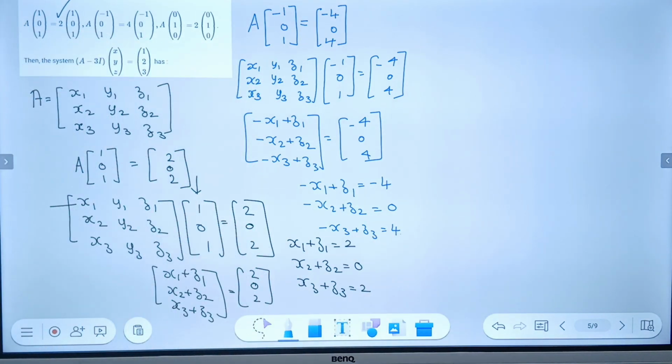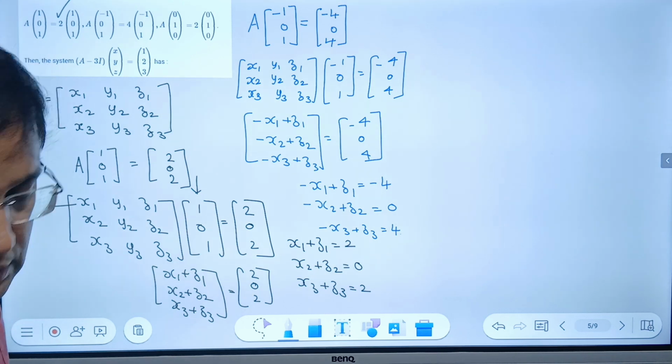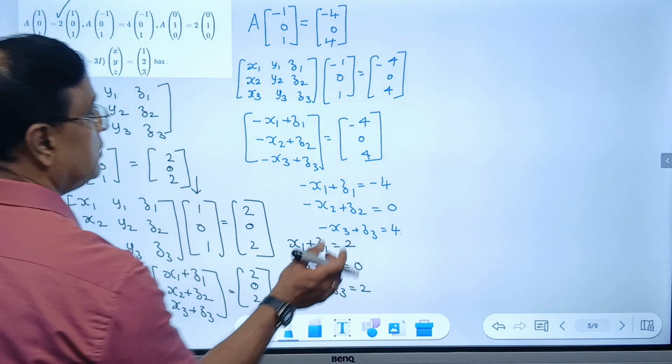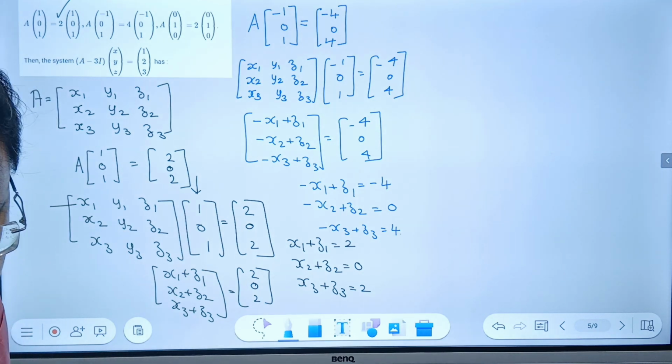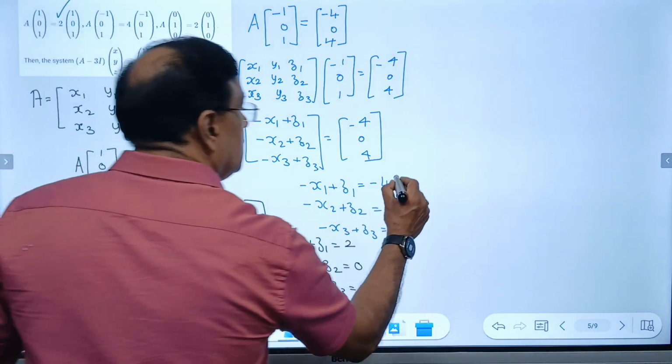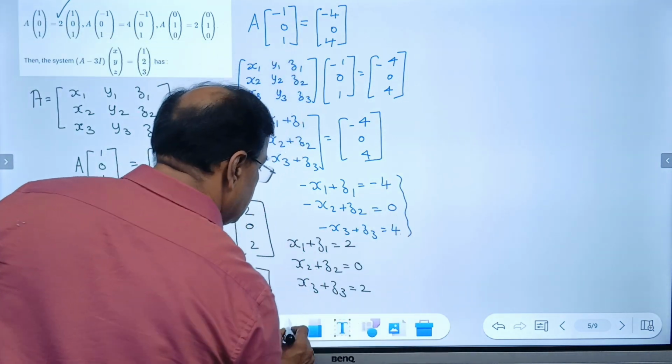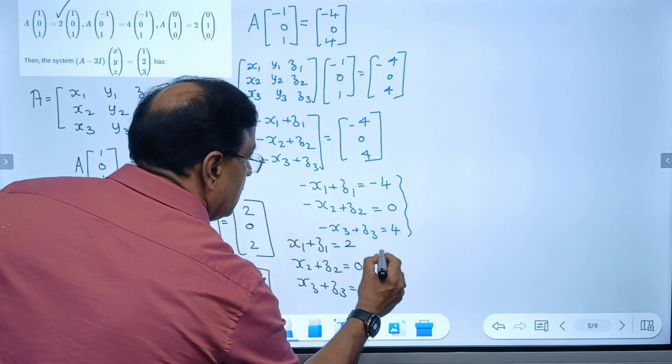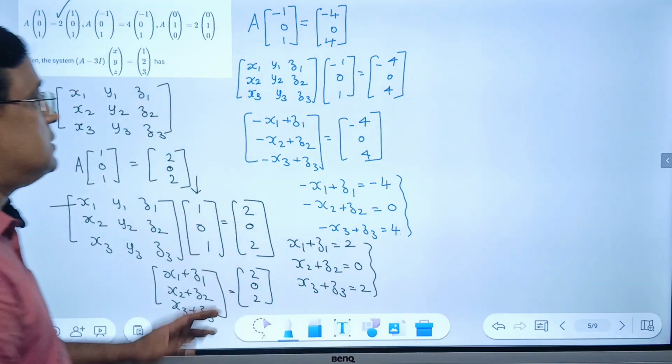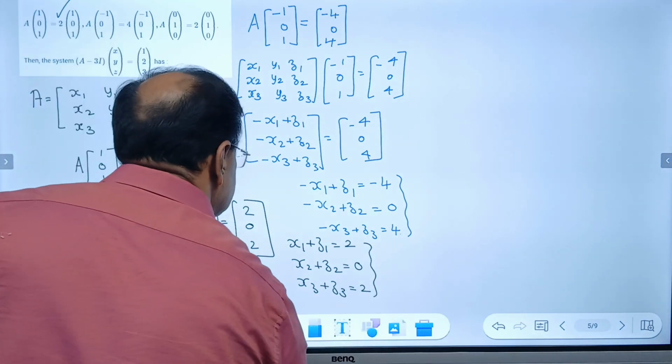Okay, minus 4, 0, 4. This is the third set of equations, and this is the first set. Now let me make use of the last set of equations.